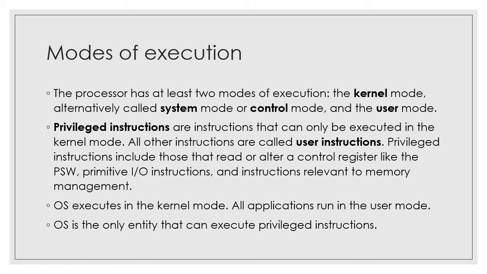We also do not want the user process to be able to use the IO device on its own without operating system intervention. If the OS is already using the device, the user process can interfere with the OS's operation, and this can create chaos in the system.